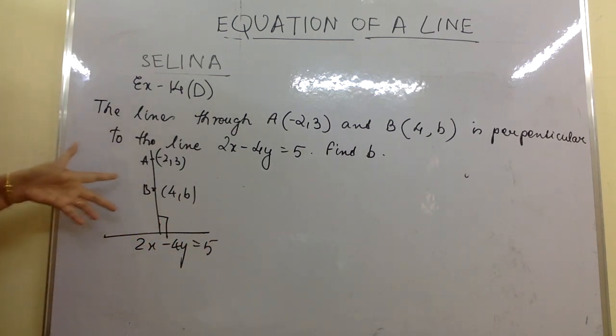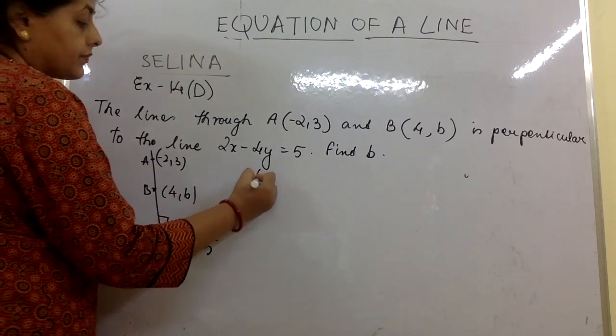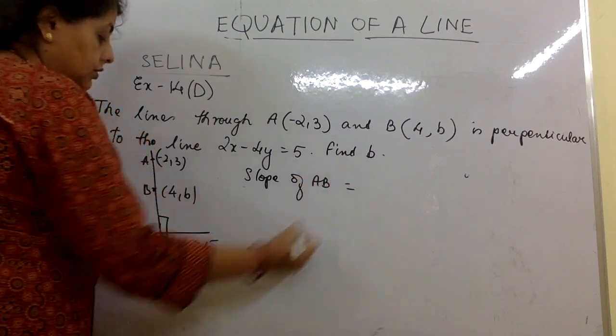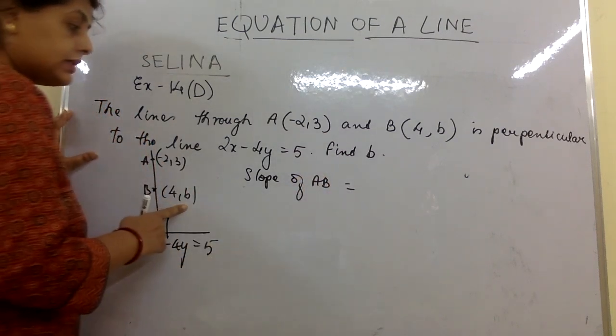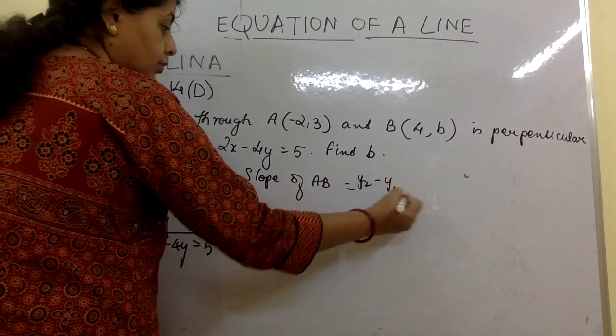First we'll find the slope of this line, the line which passes through AB. Okay, slope of, let's say AB only, because we can call that line AB also. So how do we find the slope? y2 minus y1 over x2 minus x1, I'm using this formula.